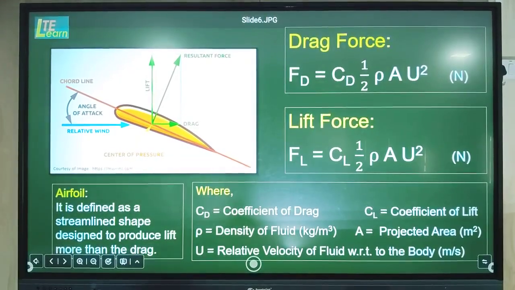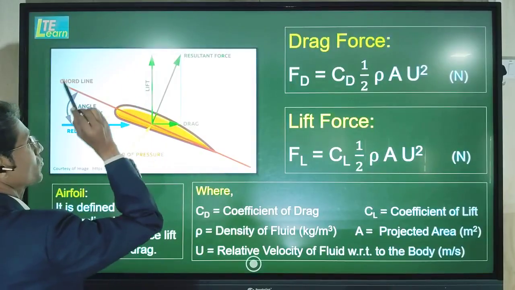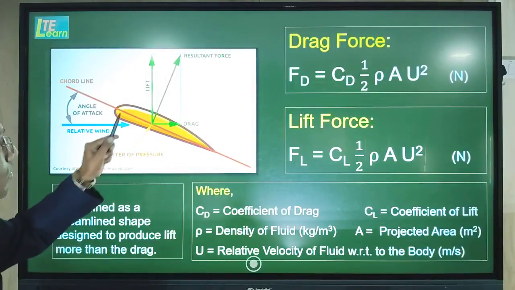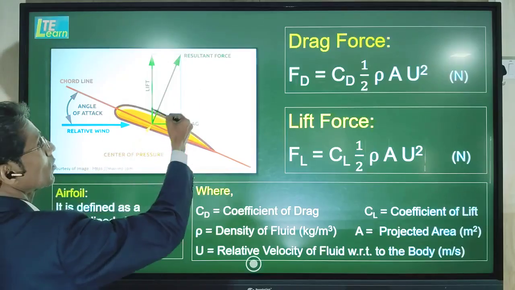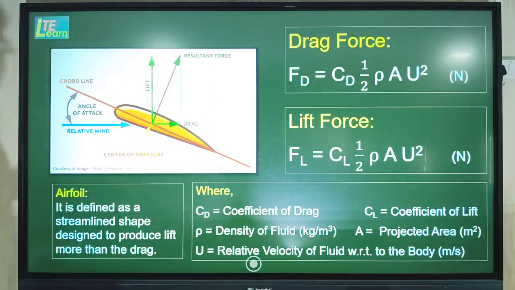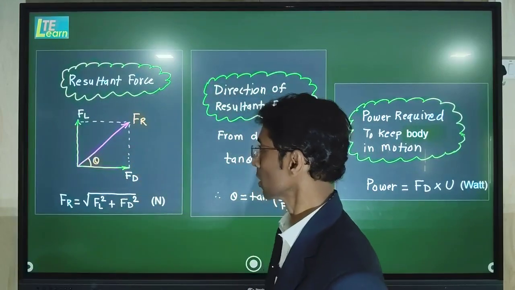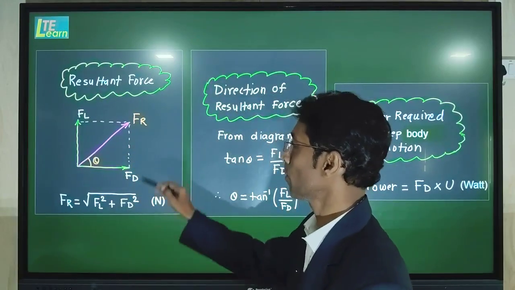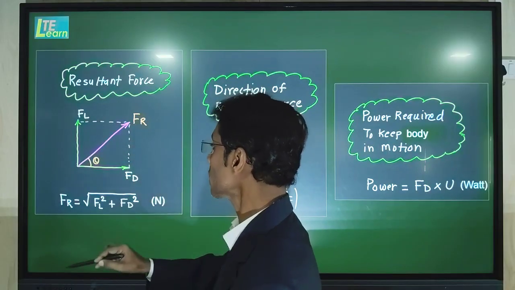Now in the mathematical calculation, the combined effect of drag force and lift force is taken into consideration with the help of this third force which is shown, called the resultant force. This resultant force is calculated by a formula, with the help of the Pythagoras theorem. We will take this triangle into consideration.